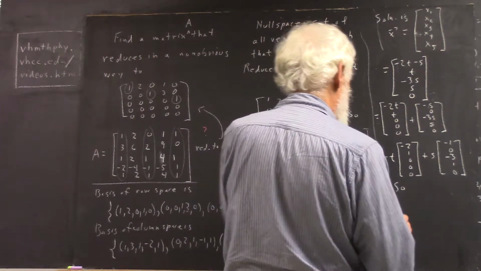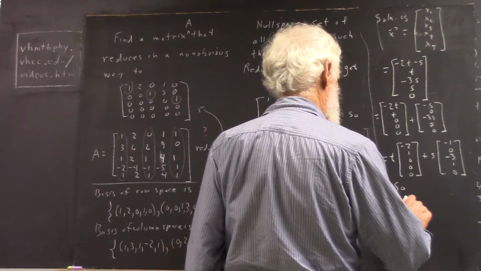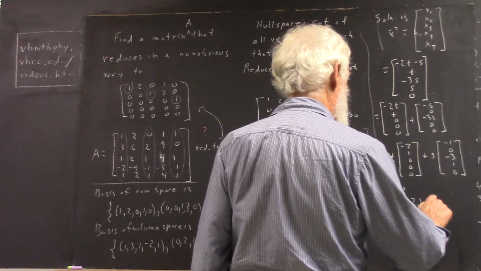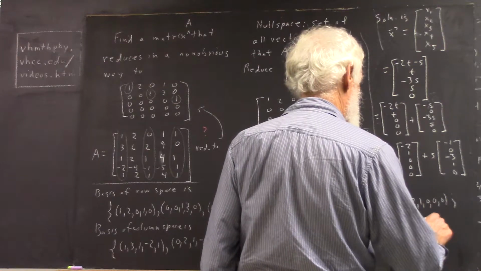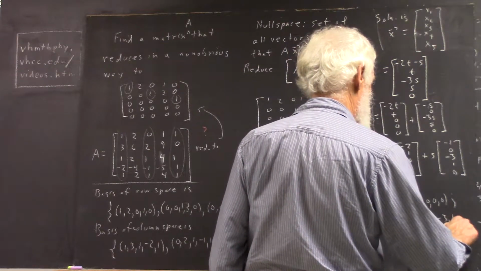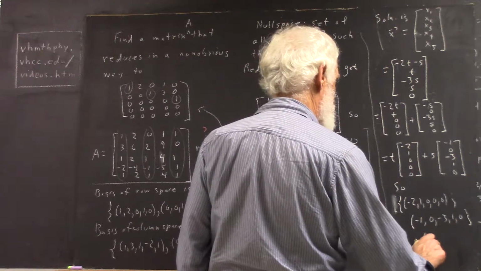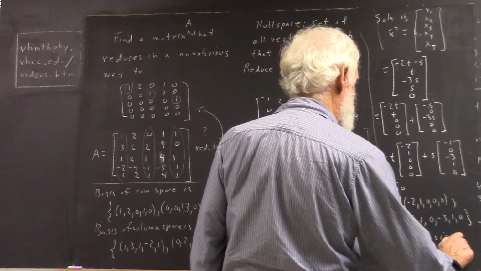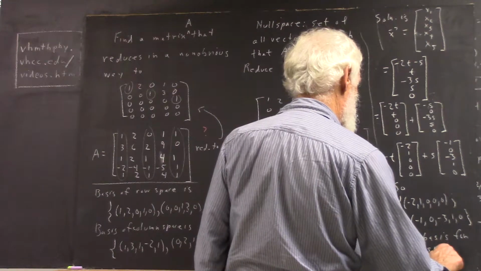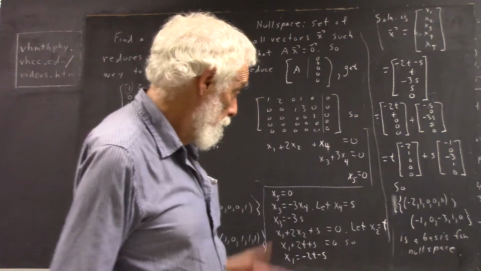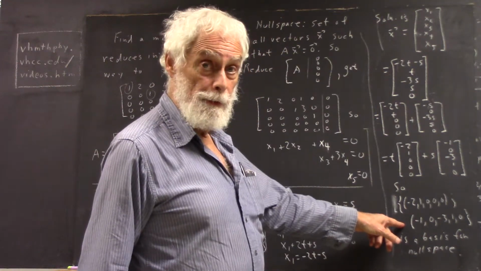So these two column vectors, and I'm going to write them in row form, this set of vectors is a basis for the null space. I'll get out of the way and let you look at that. Okay, that's what we have. This is a basis for the null space.